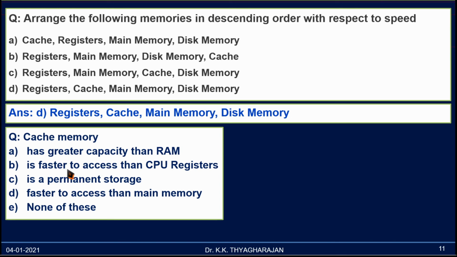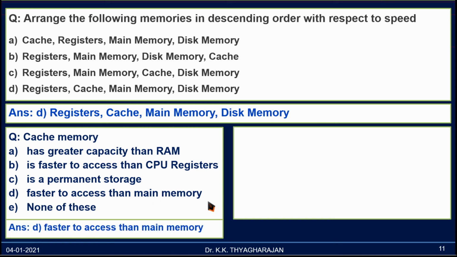This is also not correct because CPU registers are faster compared to cache. Then cache memory is a permanent storage. This is also not correct because you may not store data permanently. Cache memory is faster to access than main memory. Yes, it is correct. Main memory is slower compared to cache memory. So D is correct.